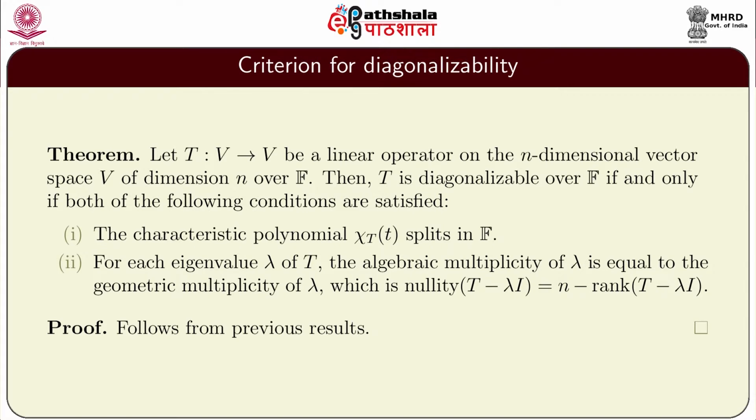And what is the nullity of T minus lambda I? That is precisely the dimension of the eigenspace N lambda, and we know the nullity of T minus lambda I is n minus the rank of T minus lambda I by the rank-nullity theorem.